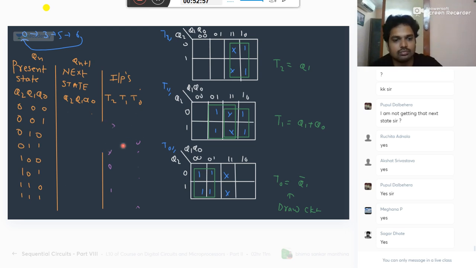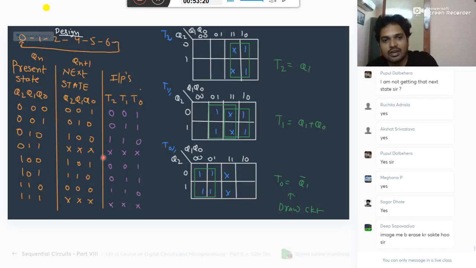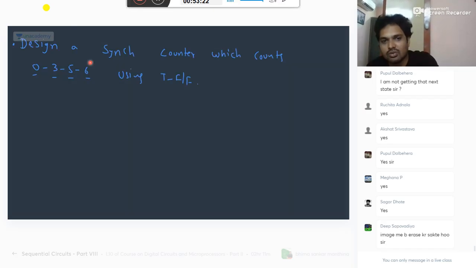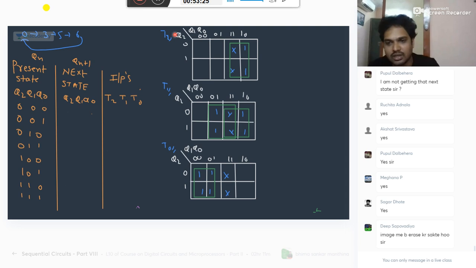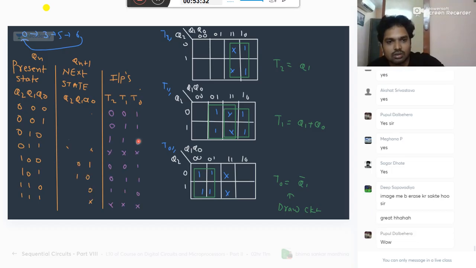We should fill this. What I did is, here I made this as an image and here I used the original. Image cannot be erased, because of that I did this. One minute.